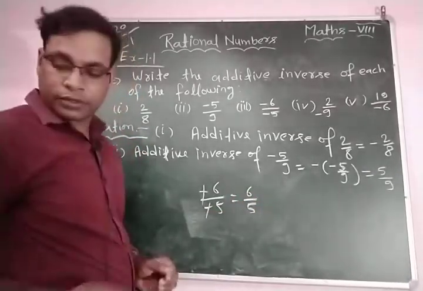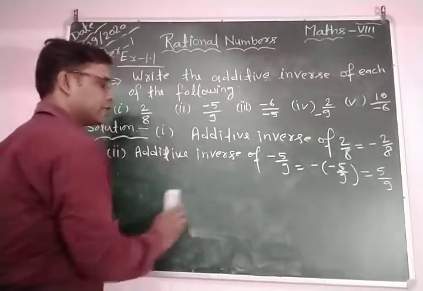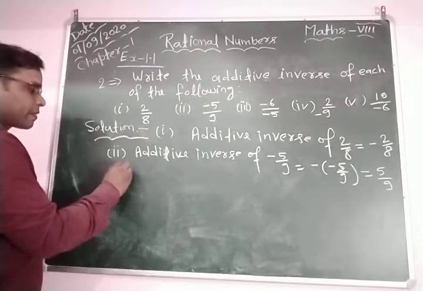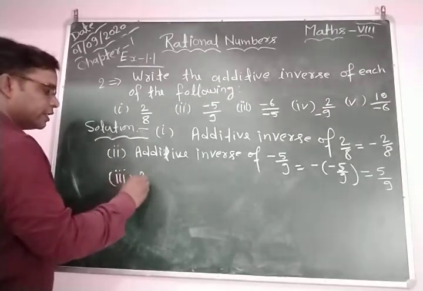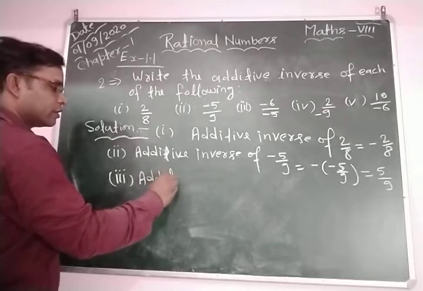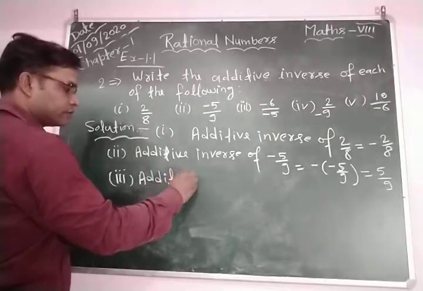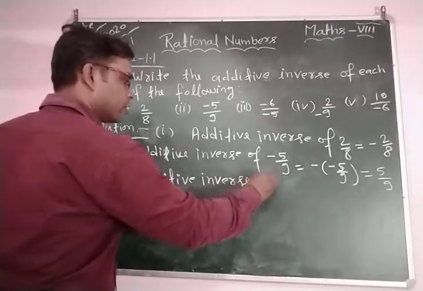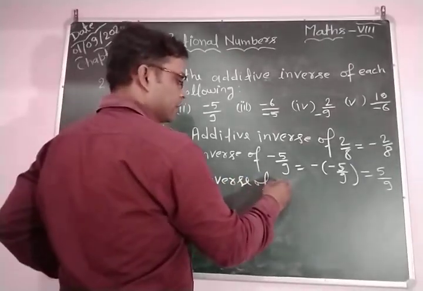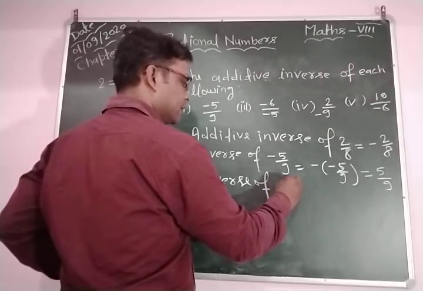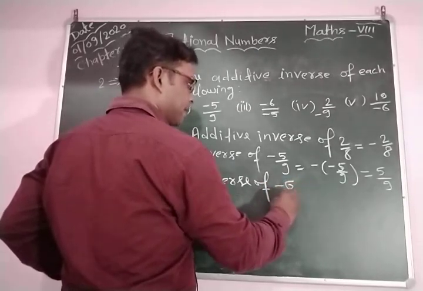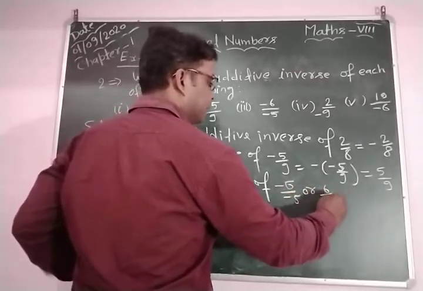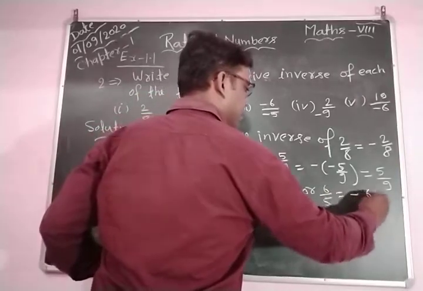So in the next third part of this question, you can write the additive inverse of minus 6 by minus 5, or you can say 6 by 5. This is equal to minus 6 by 5.